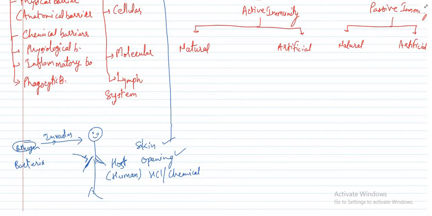Suppose it again passes, then there are lots of enzymes available in the digestive system, and these enzymes will kill the pathogen. Okay, they will digest, and they change their pH according to the condition. As you know, the stomach has an acidic pH, whereas the small intestine has a basic pH, and therefore bacteria will not survive, because every pathogen has its specific optimum range of pH and temperature.